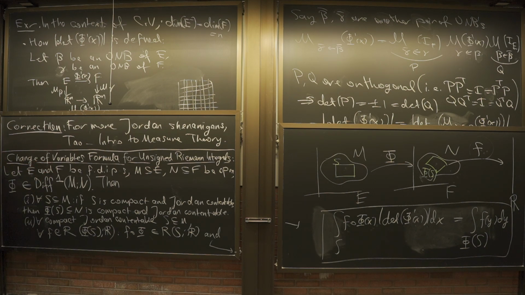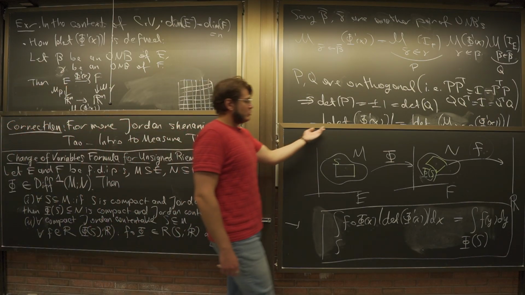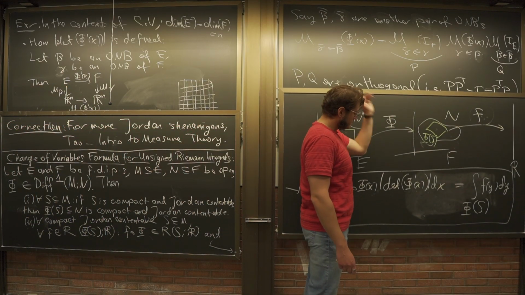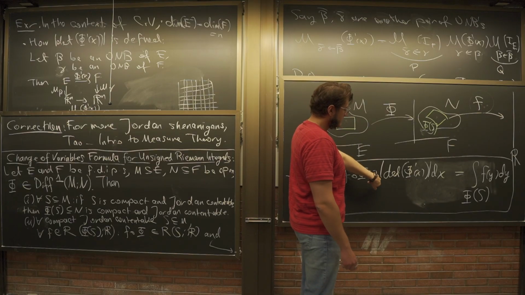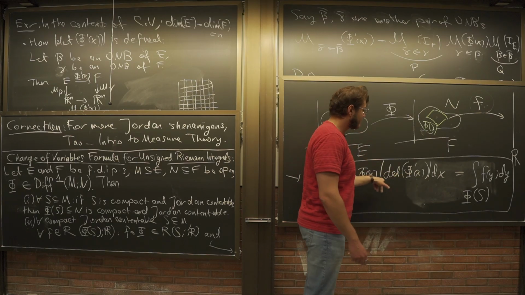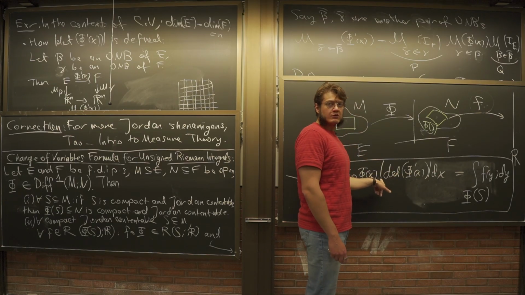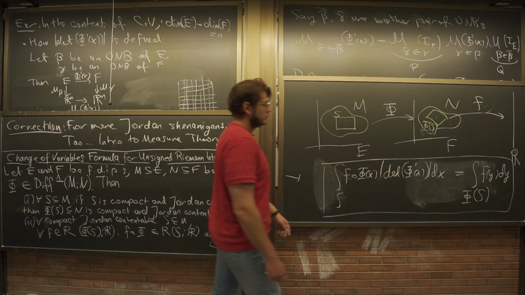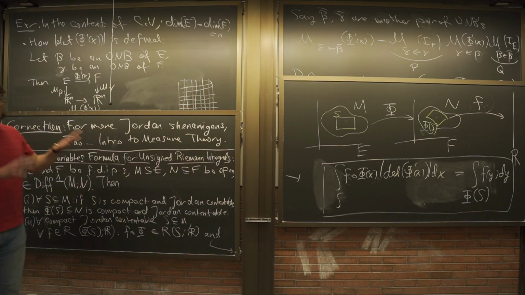We'll get there later. So these are unsigned integrals. When you do a change of variables, the integral changes according to the absolute value of the determinant. This is always a positive factor. And this is really what makes this theory unsigned Riemann integrals.